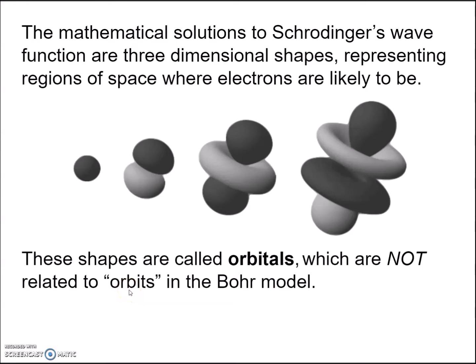In the Bohr model, Bohr suggested that electrons orbit the nucleus just like planets orbit the sun. But the word orbit in the Bohr model has no relationship to the complex mathematical solution that is a three-dimensional shape in the wave mechanical model. Okay, so orbital is a three-dimensional shape, and orbit would be like the circles in the Bohr model.